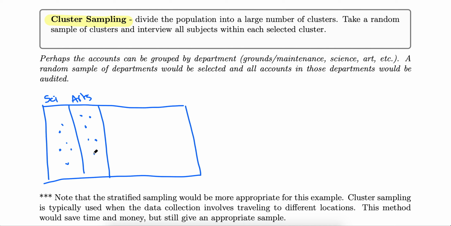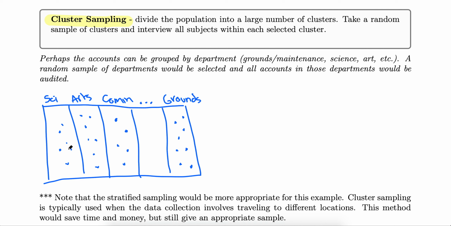And we've got communications with several accounts. And finally, we have grounds with several accounts, and then all the other groups in between. Okay, so you can see it starts off in the same way. We're dividing the population into clusters or strata or subgroups, however you want to word that.